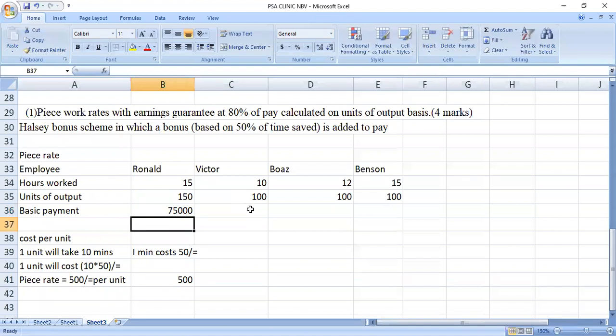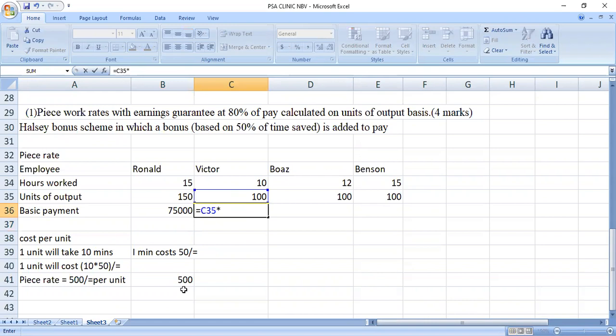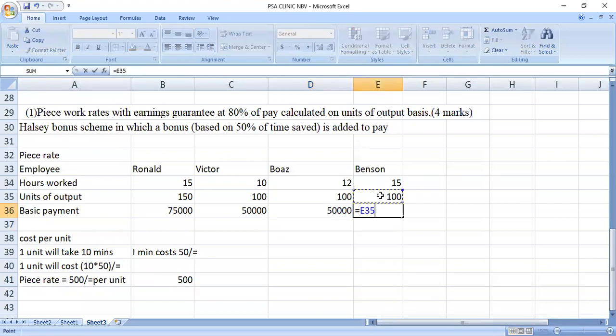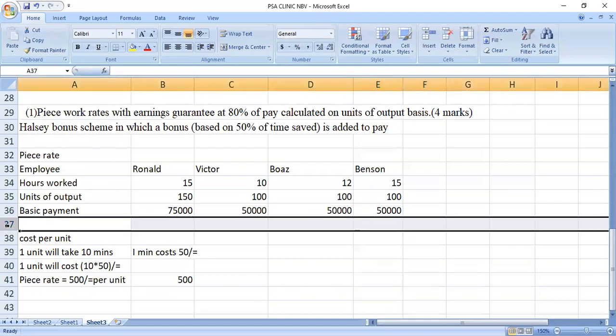Victor would have 100 times 500. Then Boaz would have 100 times 500. And then Benson produced 100, and each unit is at 500. So these are the payments they will go home with if it wasn't guarantee, if they had said just this piece rate.